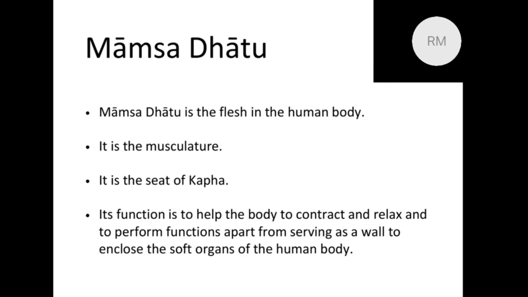So this is very similar to the function of muscles, and these help the body to move things, to contract, and it's also the seat of Kapha. So this is Rasa, Rakta and Mamsa, or the nutrient fluid, blood, and then the muscle.